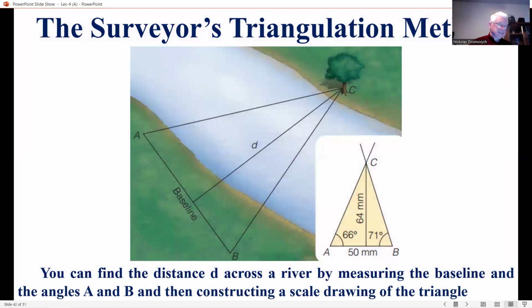To measure the distance across a river, a team of surveyors begins by driving two stakes into the ground a known distance apart. The distance between the stakes is the baseline of the measurement.